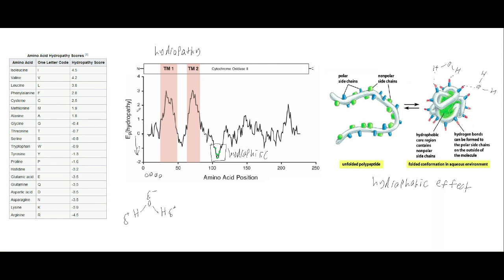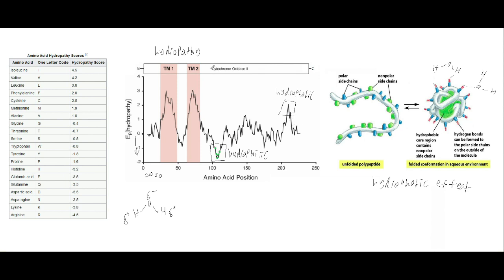Whereas if we're in the positive energy, such as right here, then this is going to be hydrophobic, and so this is probably going to be on the interior of the protein.